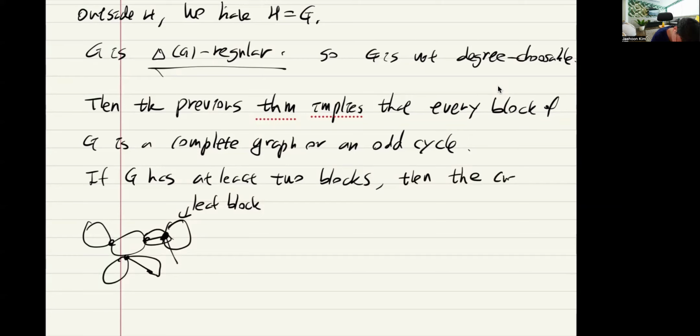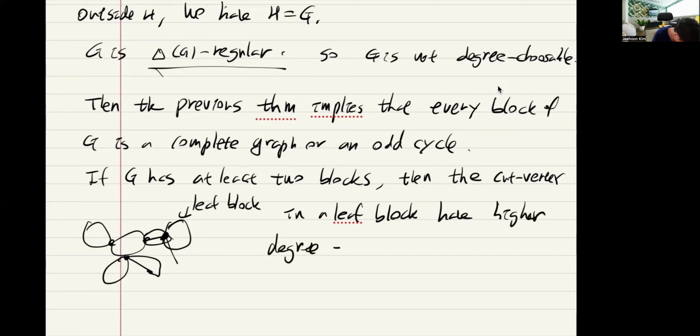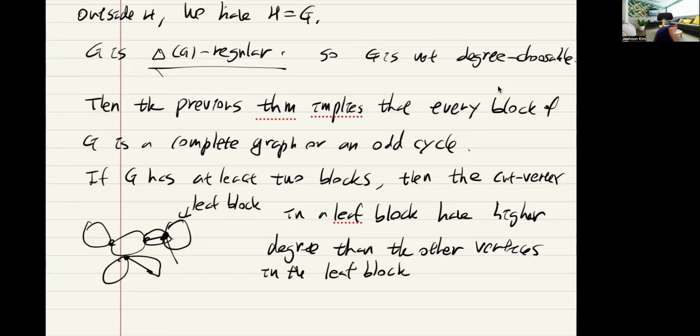The cut vertex in a leaf block has higher degree than the other vertices in the leaf block. What it means is that you have a leaf block and this cut vertex, which sends at least one edge outside.